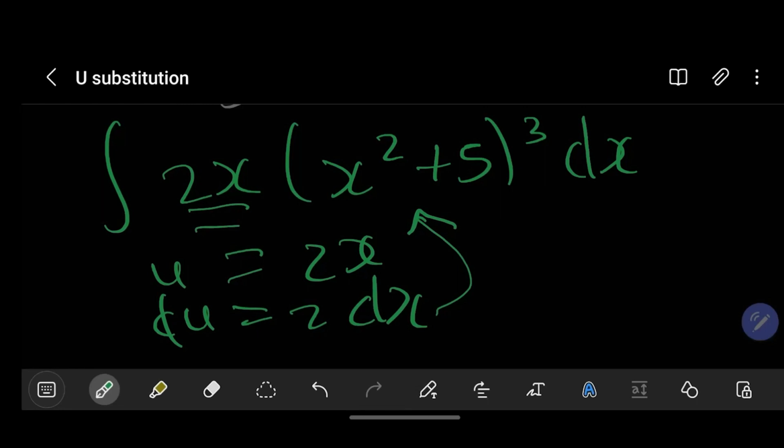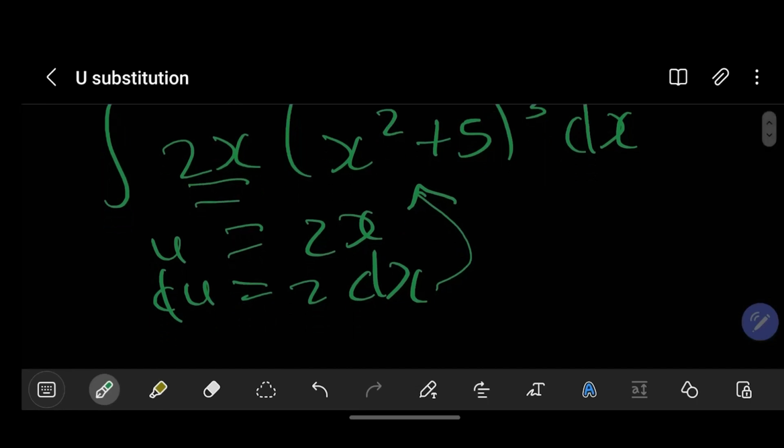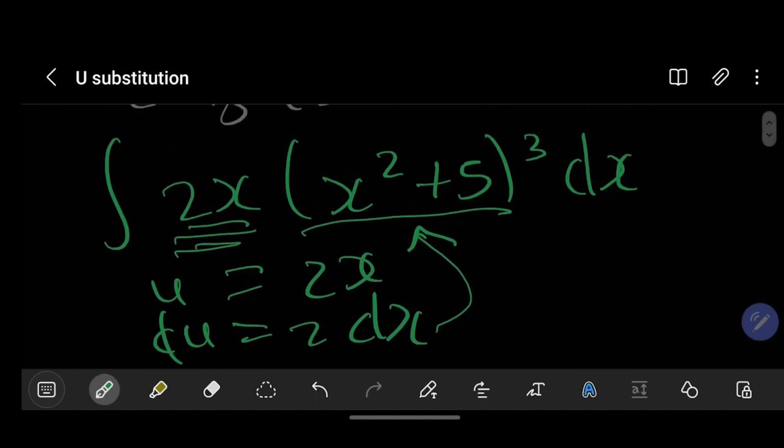Okay, so there is a lot that I just said. However, keep watching the video. I'll take you through different examples that would show you exactly what I just said. So in this case, we know we can't use 2x as our u because we will still have (x squared plus 5) cubed to deal with.